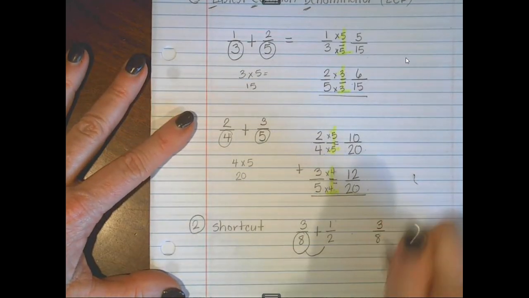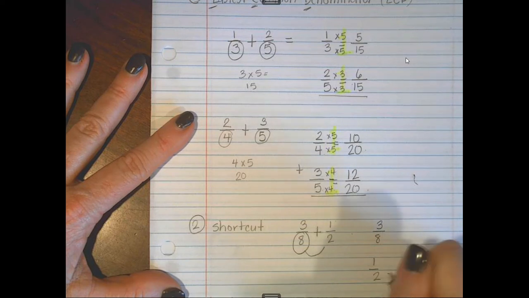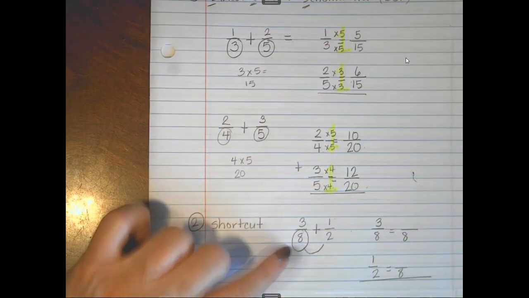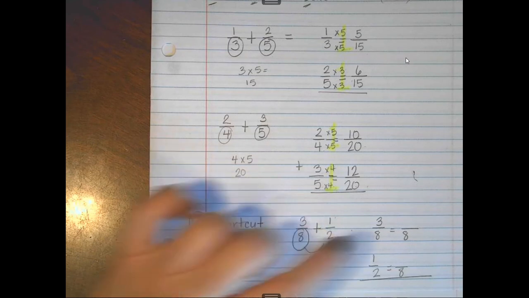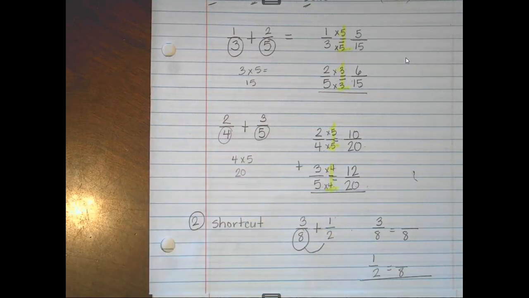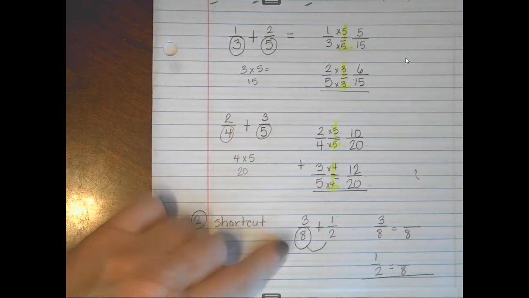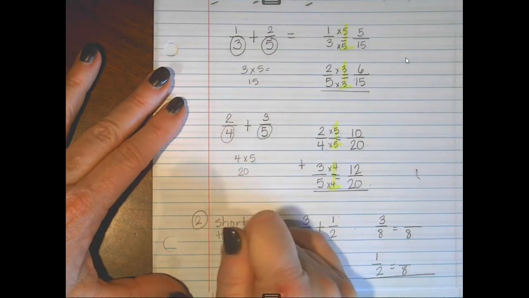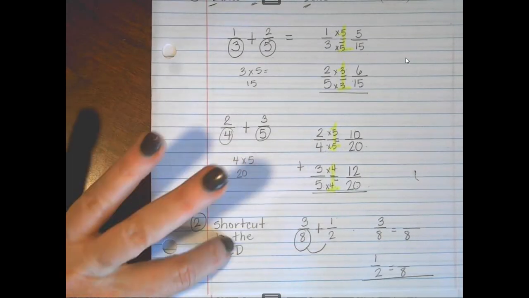And again, remember I said that I like to work vertically. So I'm using 8. When the larger denominator is a multiple of the smaller denominator, then we would use it. That would be the shortcut to the LCD. And L stands for least common denominator.